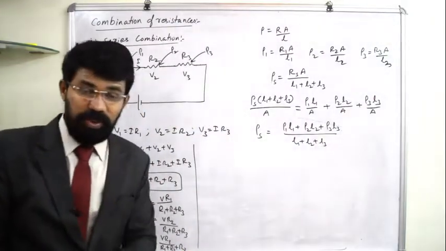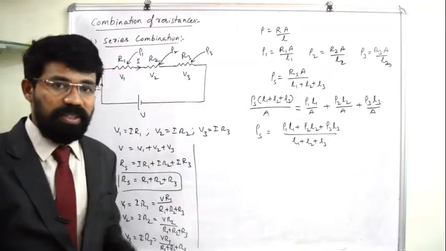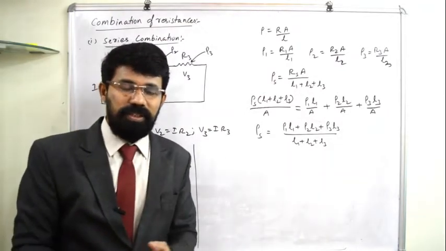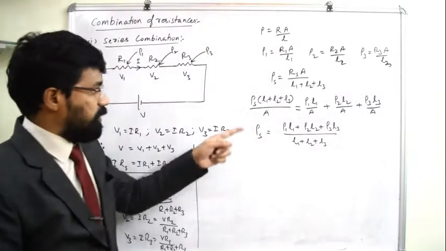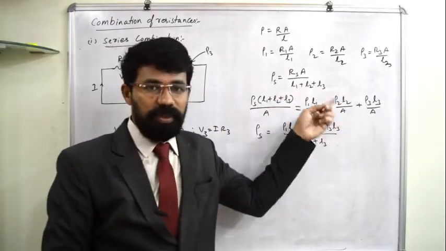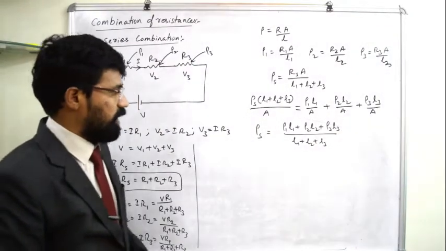That is how you can talk about effective resistivity, and the inverse of this gives us effective conductivity. Of course, individually you have to take the inverse, then proceed in the same way, and you can get the effective value of conductivity as well.